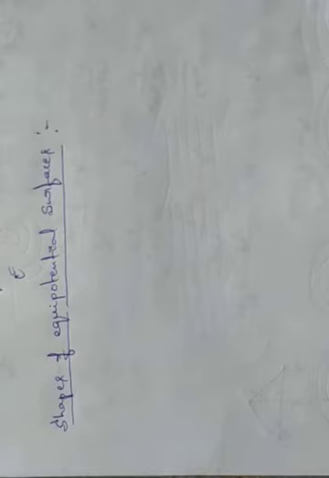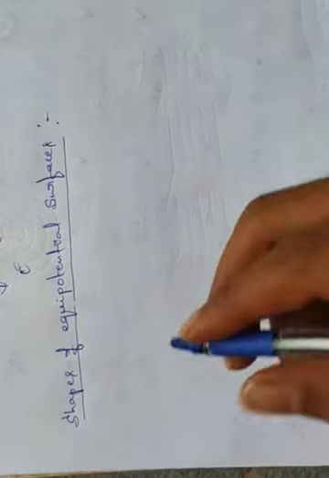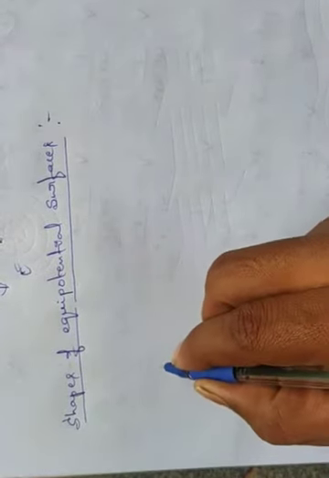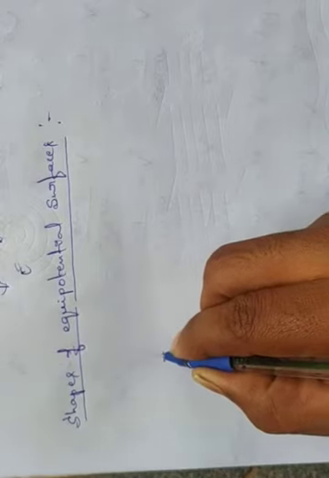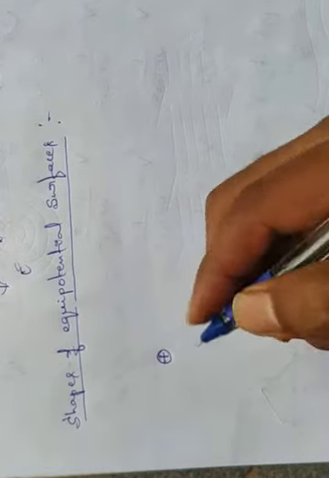But how can we draw the equipotential surface for different charge configurations? For example, for a point charge, only one charge is there, so it may be positive or negative. Say this is the positive charge I take. If I want to draw the equipotential surface for this charge, how can we draw it?